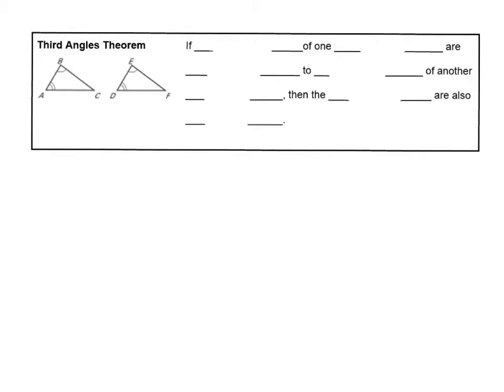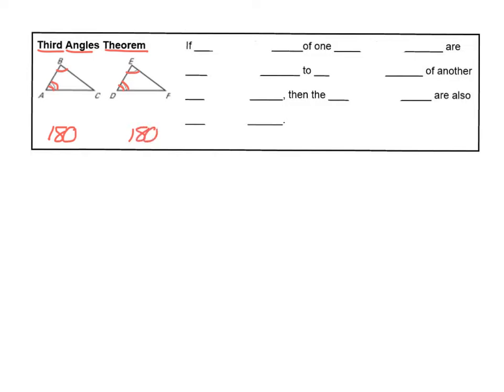The first theorem we come across is the third angles theorem. This is dealing with two triangles, in which case we have angle A congruent to angle D and angle B congruent to angle E. Now the thing is, I know that both of these triangles, their angles must add up to 180 degrees.